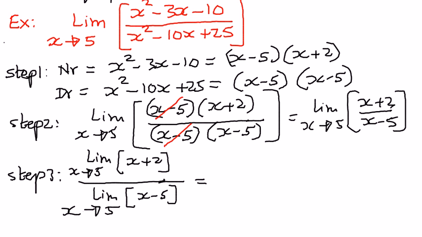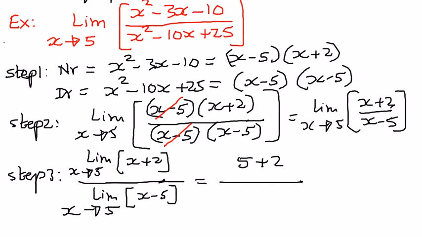So now we are ready to substitute the values of x equals 5 in the numerator part and in the denominator part. In the numerator part, limit of the function x plus 2 as x approaches 5, we're going to substitute the value of x as equal to 5. 5 plus 2 divided by, in the denominator part, we have limit x minus 5 as x approaches 5.